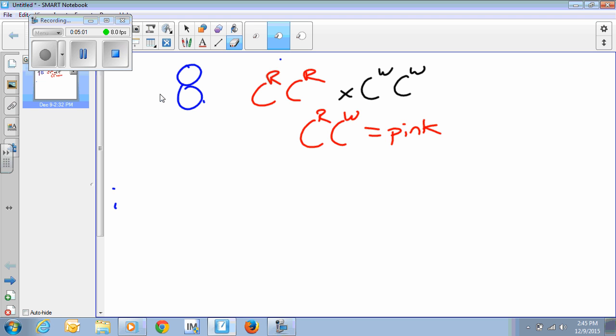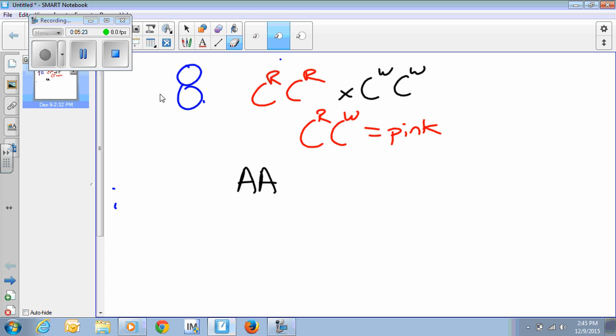But they also throw you a curveball. They say that we also are looking at the same characteristics for axial that are described in the table in number 6. So basically what they say is, take an axial red, true breeding. So axial red, we know it's this.